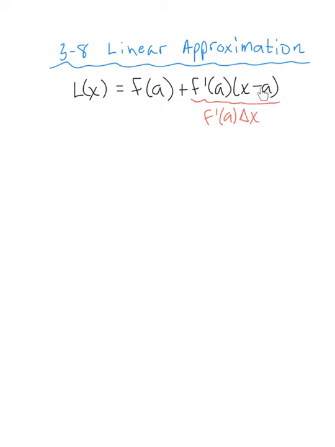So x minus a is that change in value from what we're trying to approximate to what we're using to approximate it. But generally I like this form better, so I'm going to erase this and go from there.